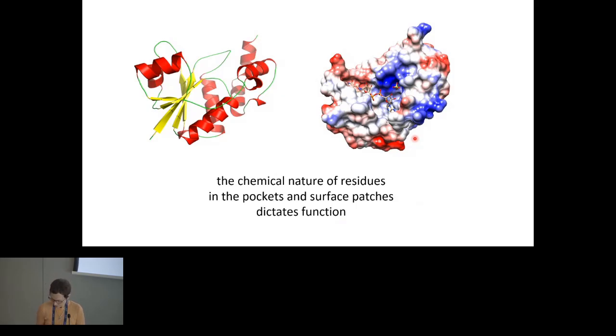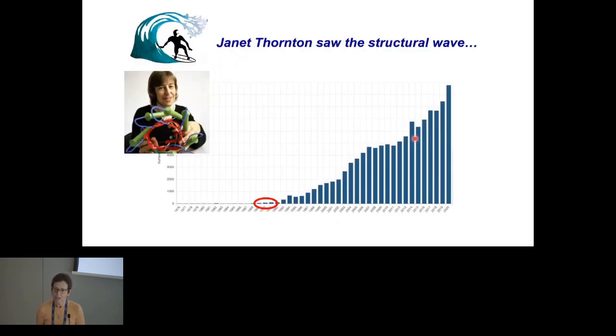And so I was very lucky that I came in at a fairly early stage. This was a point where a great pioneer in this field, who you heard yesterday, Janet Thornton, realized that the number of structures were really increasing thanks to crystallography techniques. And really, the evolution of CATH is about trying to keep up with the new data that comes along.